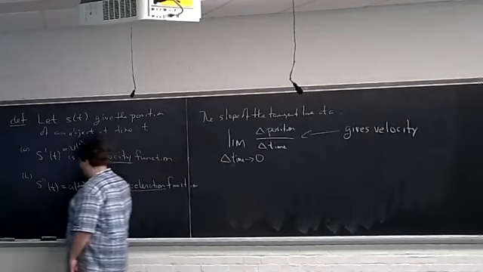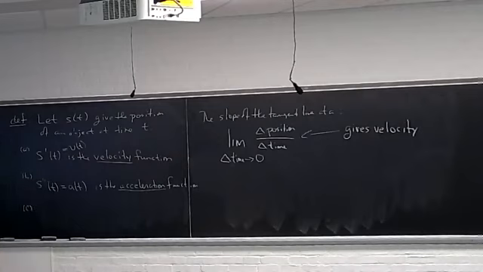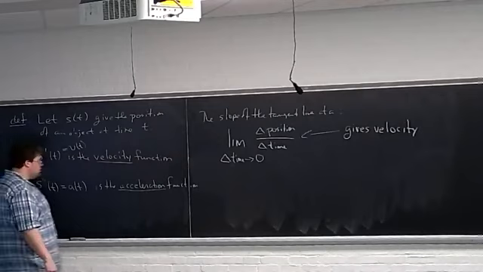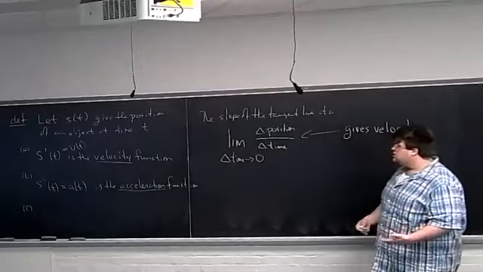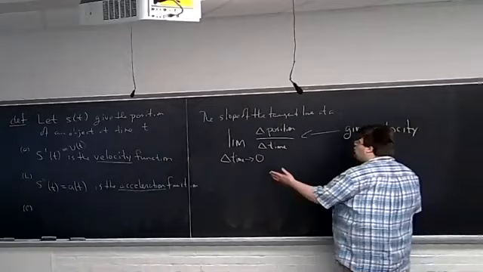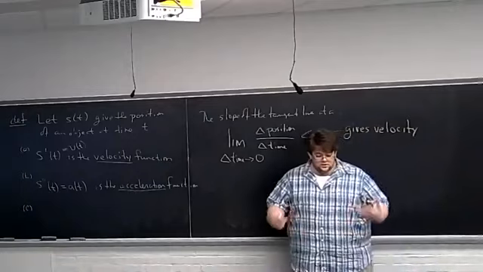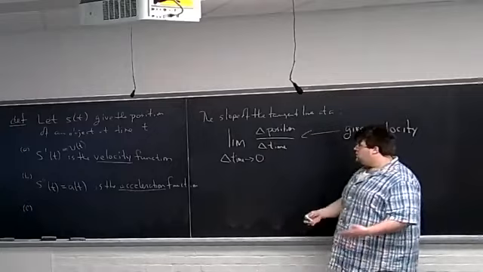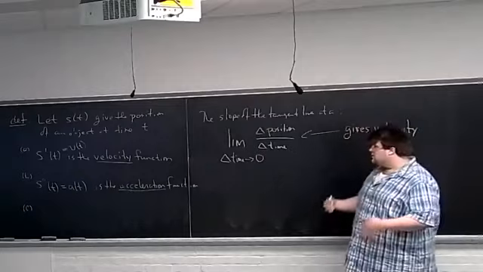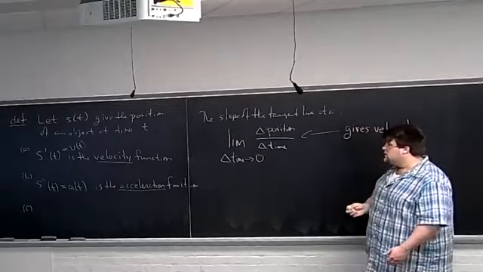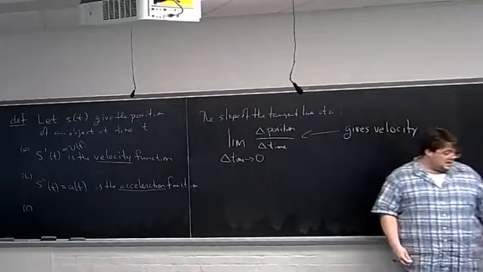Now, velocity measures a change in position divided by a change in time. And implicit in that is an understanding of how position is changing. Meaning, if you start at a given point and you walk forward, your change in position is going to be positive. If you start at a given point and walk backwards, your change in position is going to be negative.